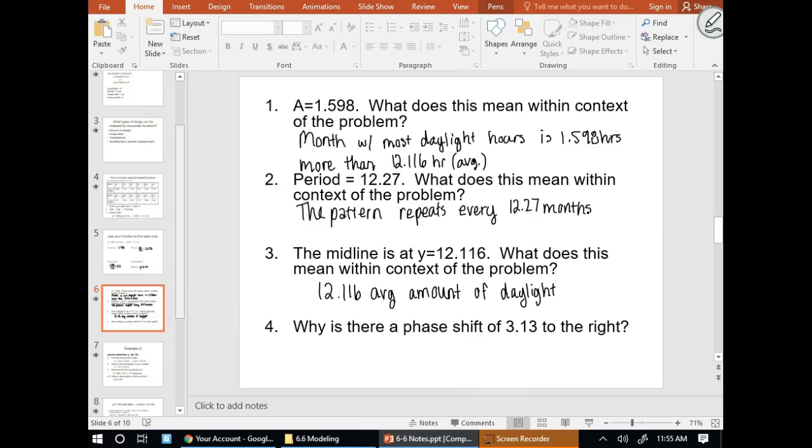And we talked about how yesterday it really should probably be exactly 12, but whenever you're looking at something like this and you have created this from the data, there's going to be a little bit of variation there, especially just based on the weather. If you have had an exceptionally cloudy month, that might make the daylight hours go down just a little bit or something like that.